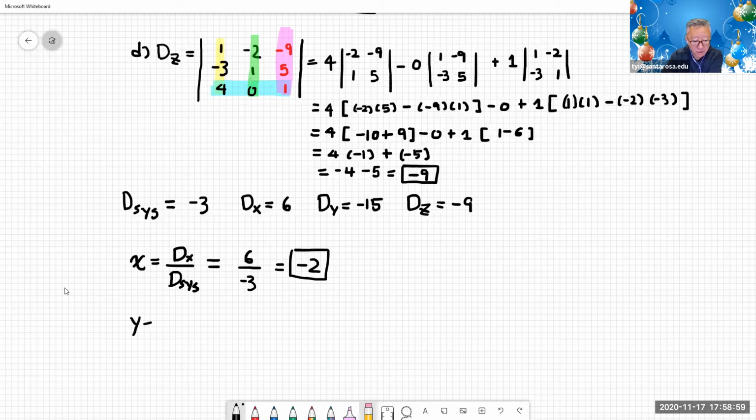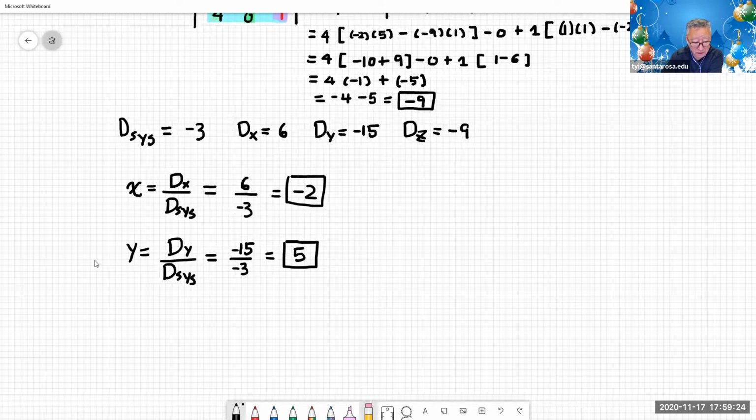Now y is going to be the determinant for y over determinant for the system. And determinant y was -15, and determinant of the system is -3. So the y is 5.